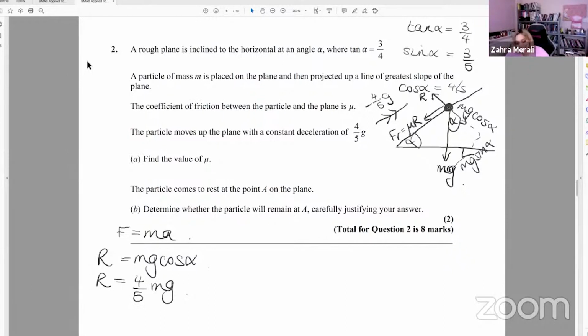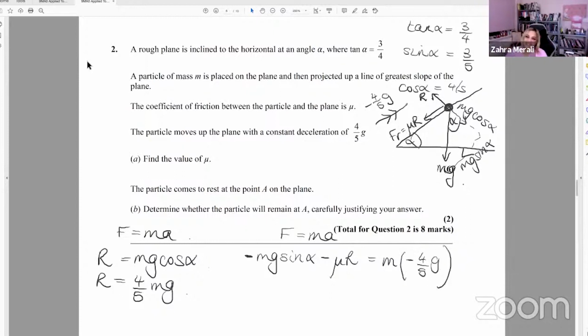Now we do F equals ma in the direction of acceleration. Going up the slope, there's no forces. All the forces are going down, so everything going down will be negative. So we've got minus mg sine alpha minus mu R equals m multiplied by the acceleration, which is minus 4/5 g.